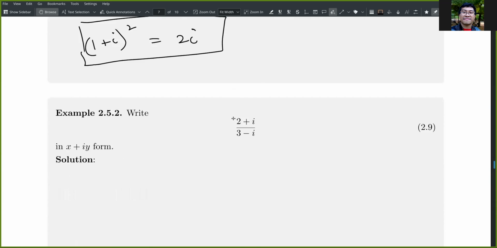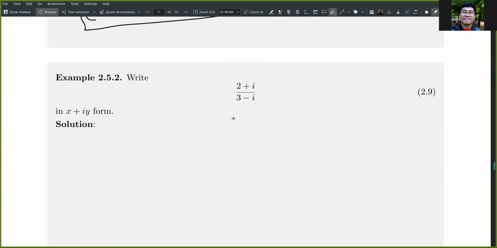Okay. Now how about a fraction? 2 plus i divided by 3 minus i. We write it in x plus iy form. The technique is to eliminate this complex number in the denominator by multiplying with its conjugate. So we have 3 plus i over 3 plus i.